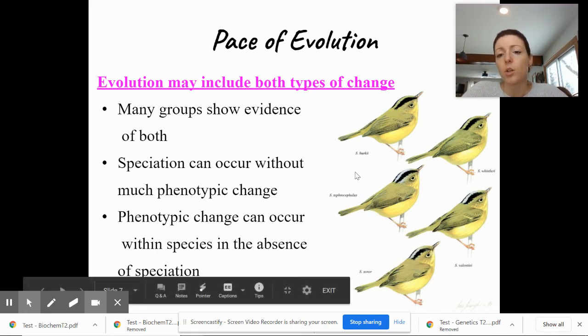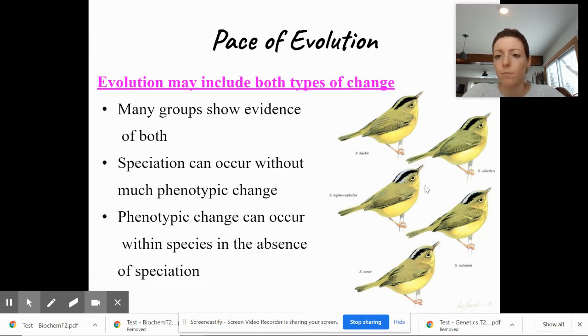So speciation can happen without physical change, or there could be a lot of change and they could still be able to mate. So I have a picture of warblers here over on the side. Again, I'm obsessed with birds, so warblers, here we are. We have all these different types of warblers that are able to fly together. They look a little different, but man, if you've ever gone bird watching and tried to tell the difference between warblers, I have a whole separate app with warblers because they're like these minute differences, but they know what I mean?